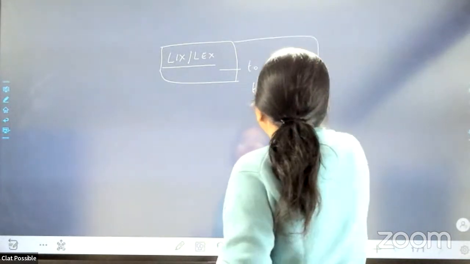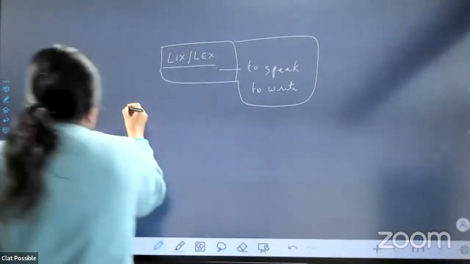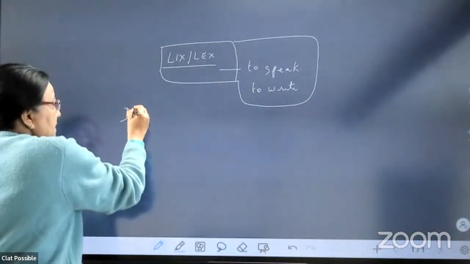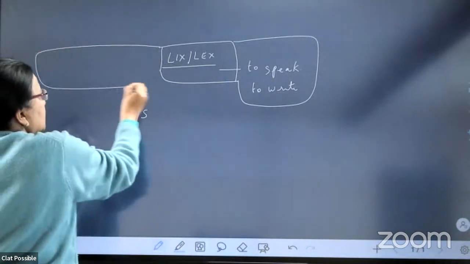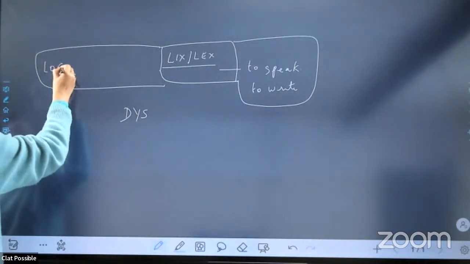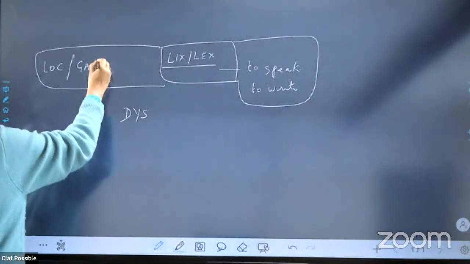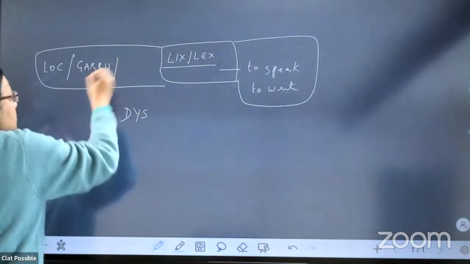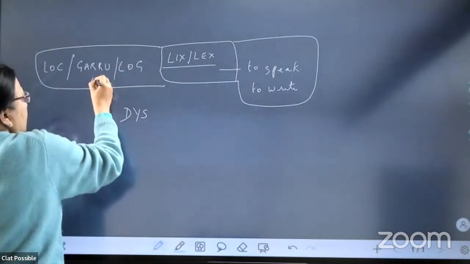Now, this is my word root. Now look at the words that I'm going to form. I'm just taking a simple example to explain this. And I'll add three or four more with this so that you have so many word roots. One can be loc, one can be lec, it can also be log, L-O-G, and it can also be loq, L-O-Q.